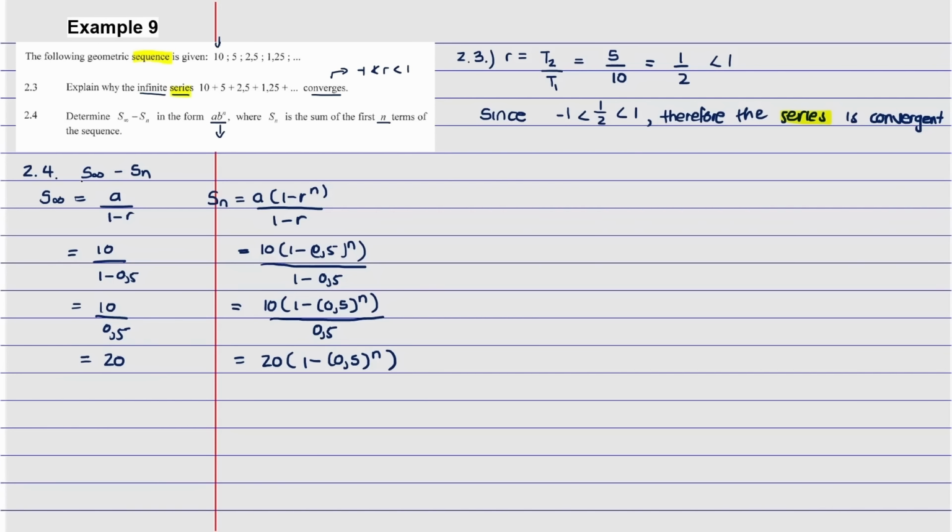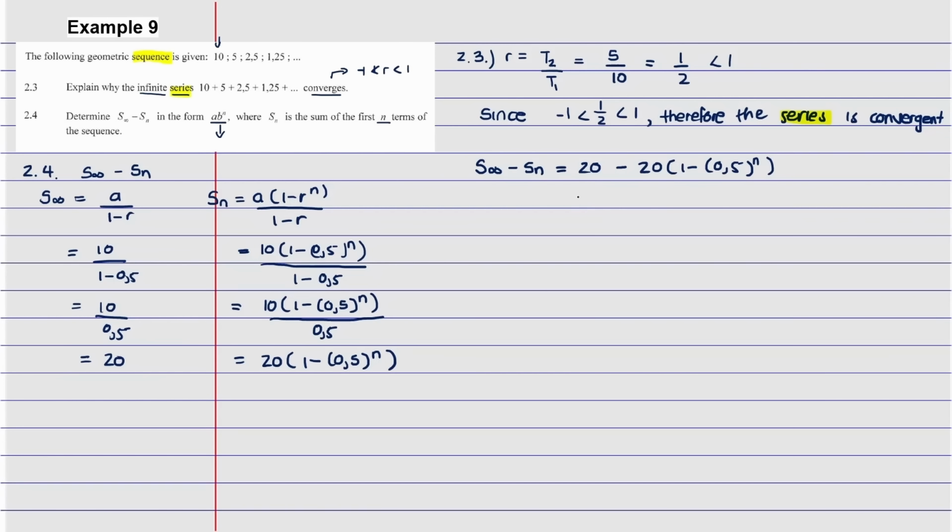Then we have S to infinity and Sn. So now we're going to find that S to infinity minus Sn is equal to, substituting S to infinity and Sn, 20 minus 20 open bracket 1 minus 0.5 to the power n.